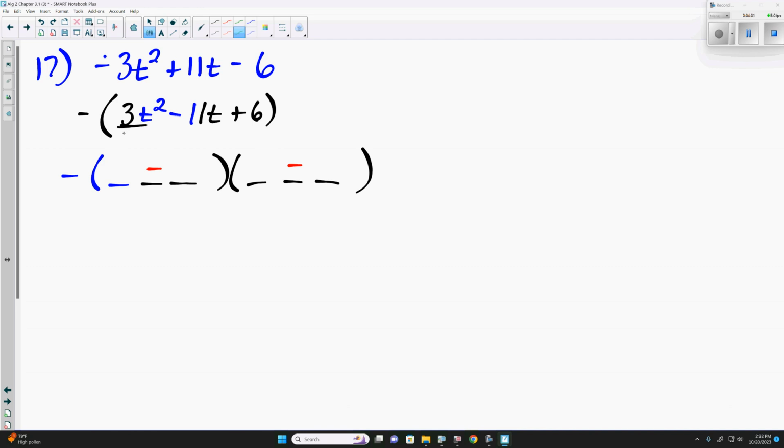Now we want to find the factors of the first and third terms. Well, for 3t squared, we're going to have 3t and t. Factors of 3 are 3 and 1. Factors of 6 are 1 and 6 or 2 and 3. Which one do we want to try first?